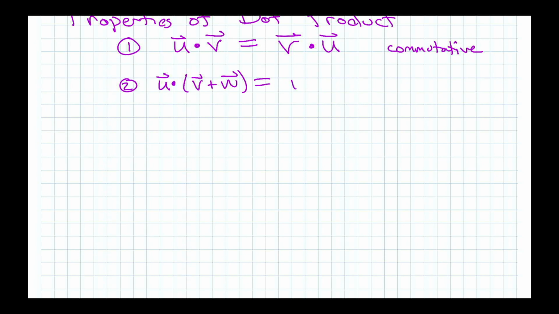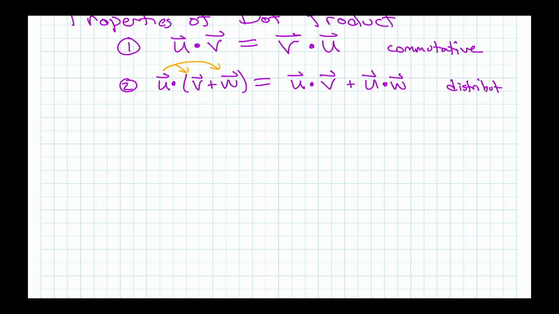It will look like this: u dot v plus u dot w, like that. So that's just a regular distributive property. The only difference compared to the distributive property for real numbers is that our multiplication is a dot product. Otherwise, this looks normal. So that's a property that multiplication has, and the dot product also has: the distributive property.